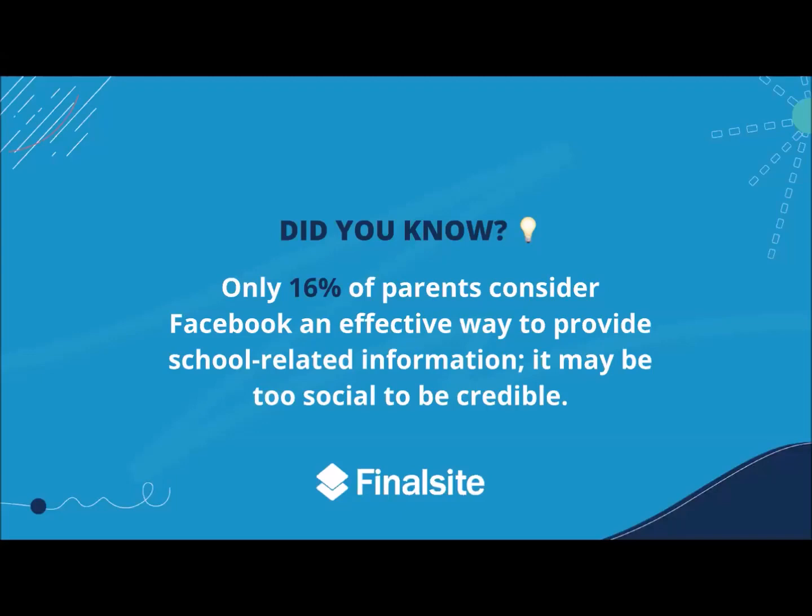Only 16% of parents consider Facebook an effective way to provide school-related information. Facebook is seen as a place that's social, but not necessarily a place for reliable information. So posting things to Facebook comes with the risk that it can be seen as unreliable.